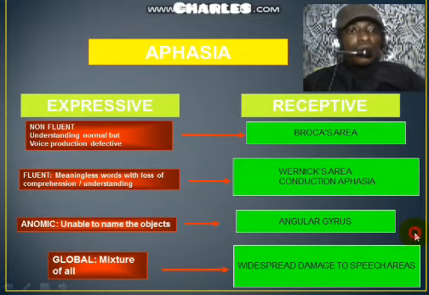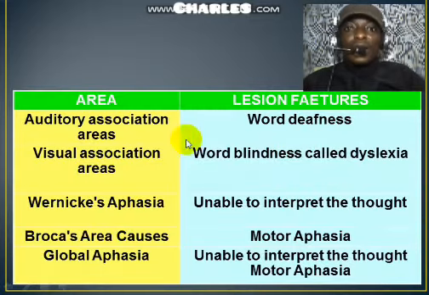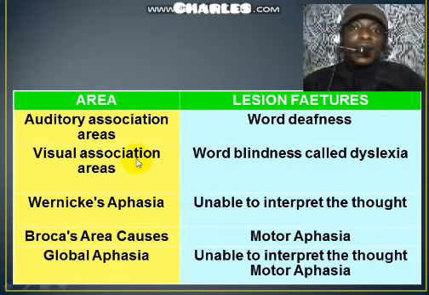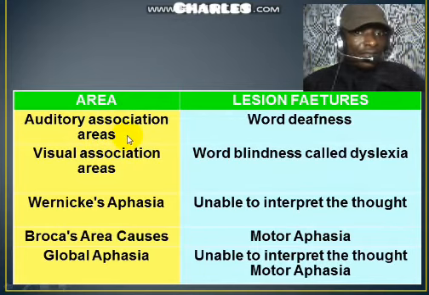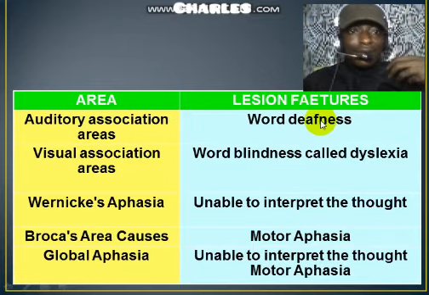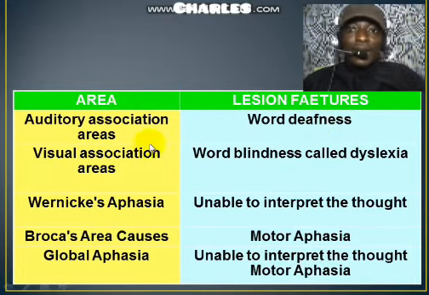Okay, going forward. Now, there are also other areas that are affected that could cause problems with speech and communication. This includes the auditory association area. When the auditory association area is affected, there is word deafness. So every word I'm speaking, you may not hear them when this area of the brain is affected.